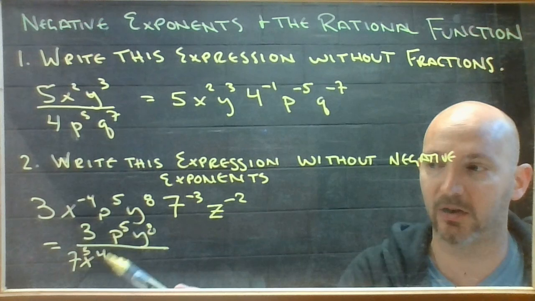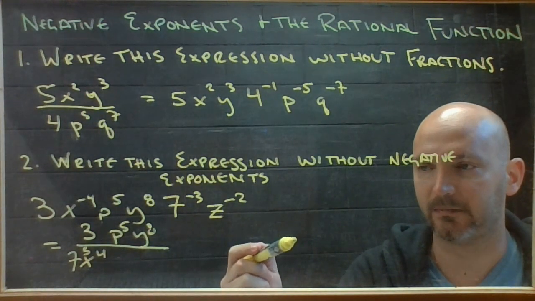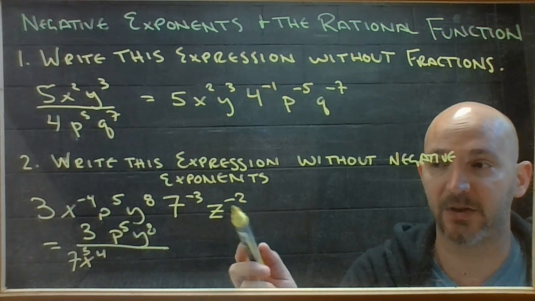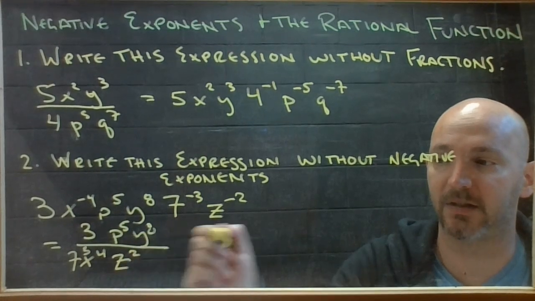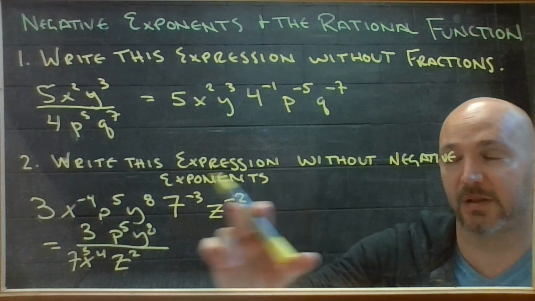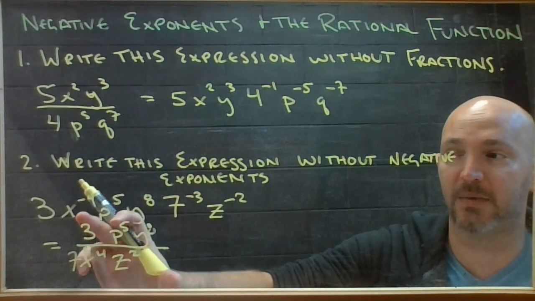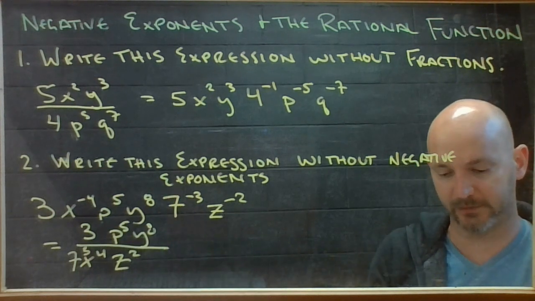And just good math habit, you try to write the numbers first. Z to the negative 2, that's a negative exponent, so it goes into the denominator. And there you go. I have taken this expression and I have eliminated all the negative exponents and written it in its fraction form.